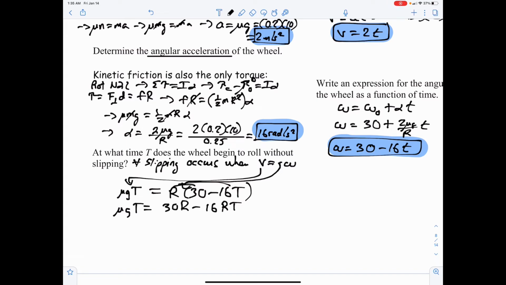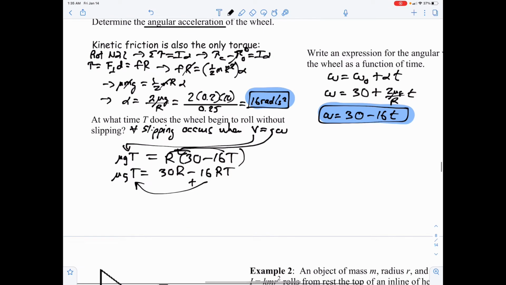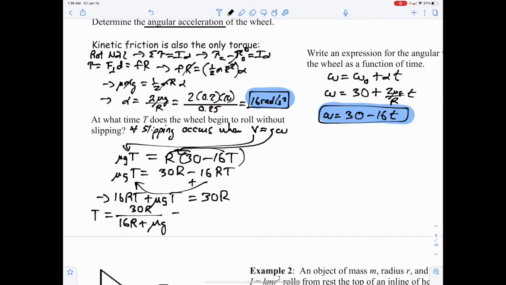At this point, go ahead and add those together. We're going to factor out a t. So we get 16rt plus mu gt equals 30r. Go ahead and factor out a t and divide away the leftover. And you have 30r over 16r plus mu g.